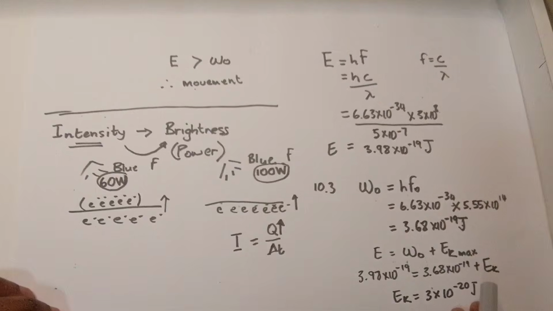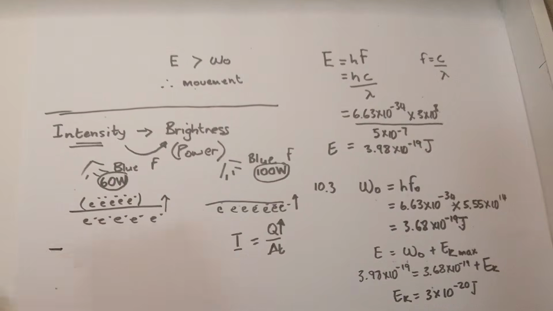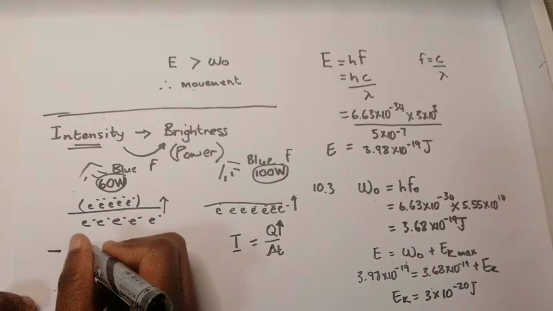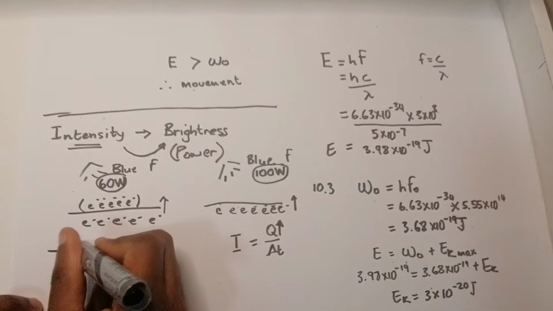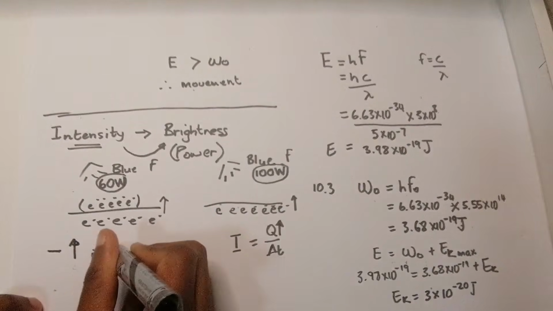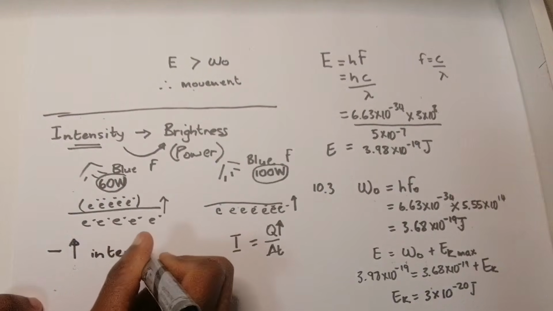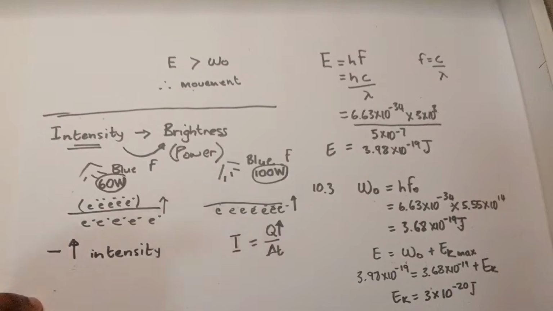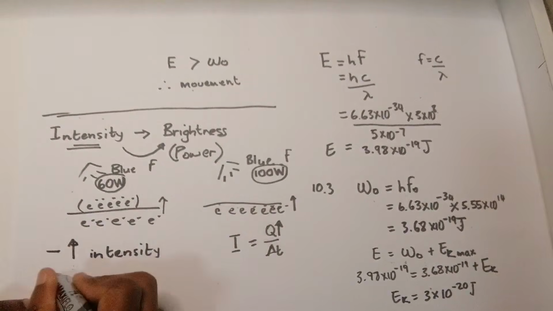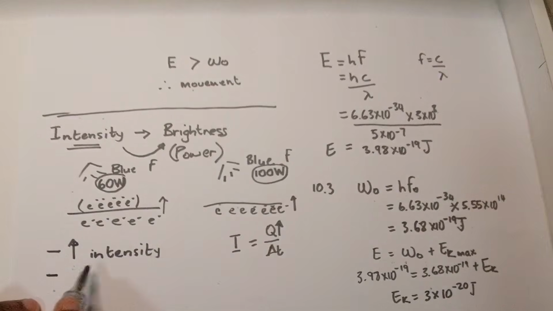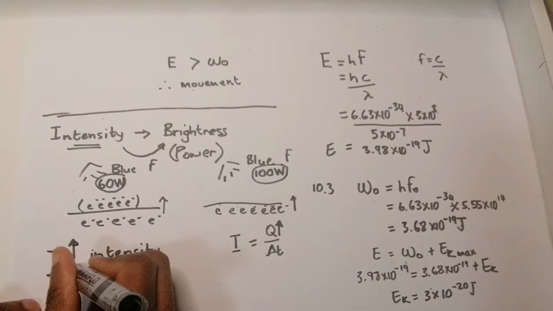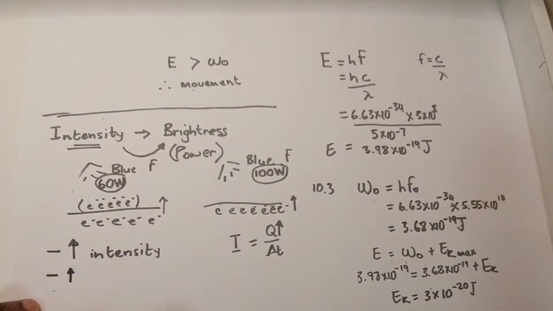Now, just to help with that, I'm going to put it in a simplified way. If I increase intensity, obviously you can apply this for decrease as well, it will just be the opposite of what I'm about to say. When I increase intensity, remember that kinetic energy stays the same because it's the same type of light.